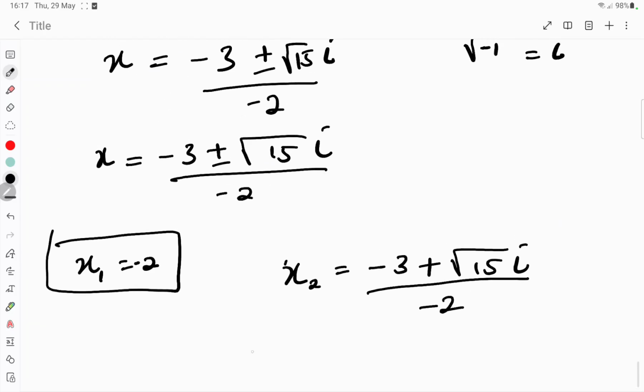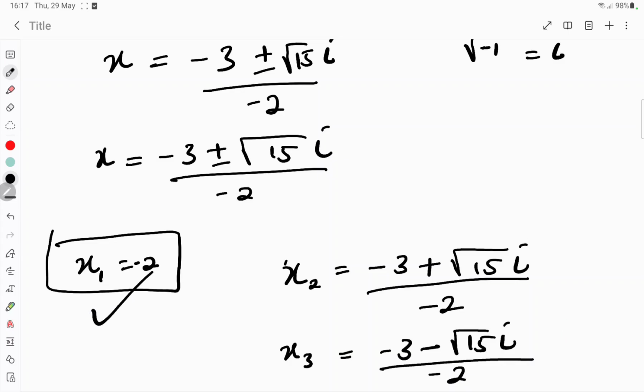And the third solution, x3, is now equal to minus 3 minus the square root of 15 i divided by minus 2. These are the three possible solutions for x. This first one is the only real solution for x, and these last two are the complex solutions for x.